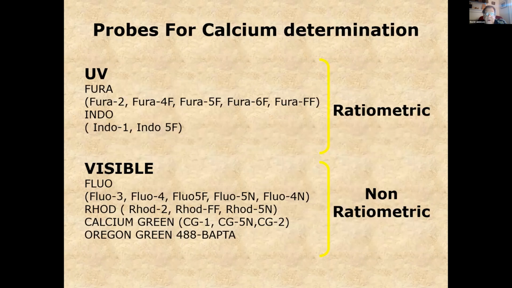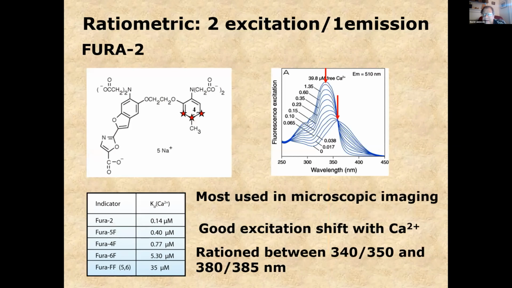There are also probes for calcium determinations, which were very popular for years in cuvettes, and now there are new ones for microscopes for UV or visible excitation, some ratiometric, some non-ratiometric. What do we mean by ratiometric? Ratiometric means, for example, here we look at one emission wavelength, but the excitation spectrum changes when you bind calcium.